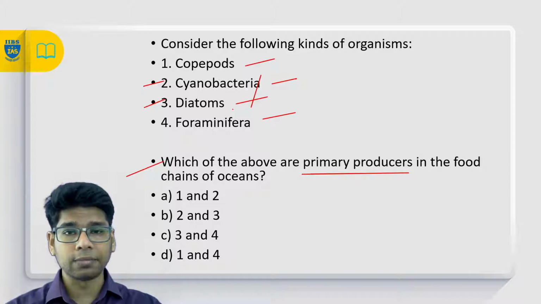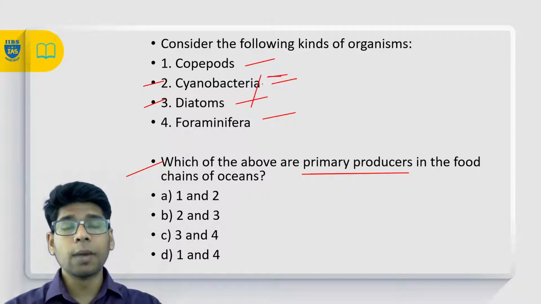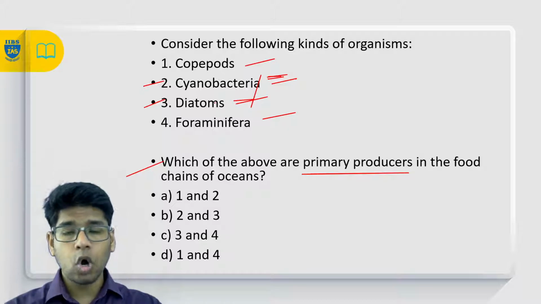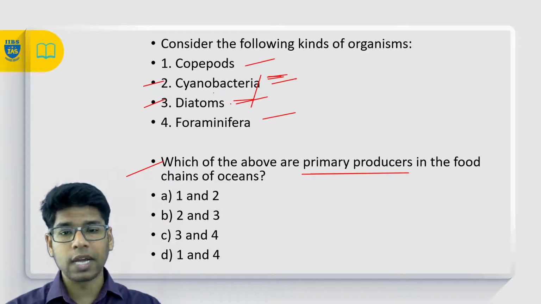Most of the people know about the cyanobacteria, which we also call blue-green algae, and the diatoms are also photosynthetic, unicellular microorganisms. So the cyanobacteria and the diatoms. So option 2 and 3 is the right answer.